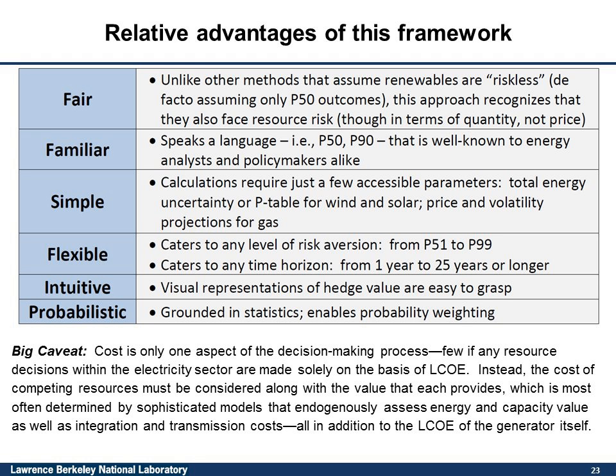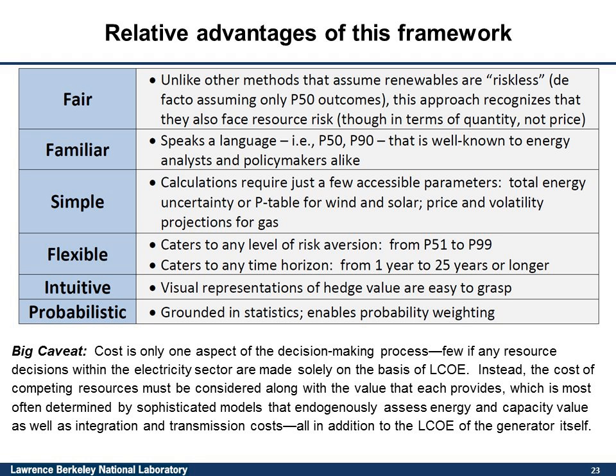It's also familiar in the sense that probability of exceedance is already widely employed by energy analysts and policymakers alike. It's relatively simple, requiring just a few accessible modeling inputs for each type of resource, and it's flexible, catering to any level of risk aversion over any time horizon.